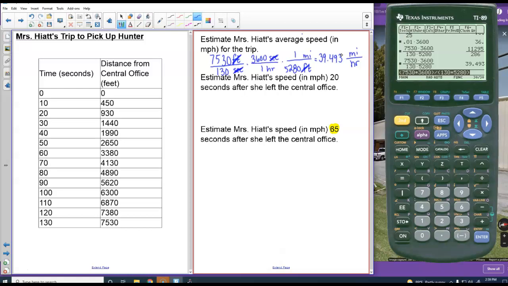Well, no, it's average. That's my average speed. He probably would not have pulled me over if I had been going 39.493 miles per hour, right? Usually it's got to be more than 5. I mean, technically, yeah, I was speeding, but not that much.